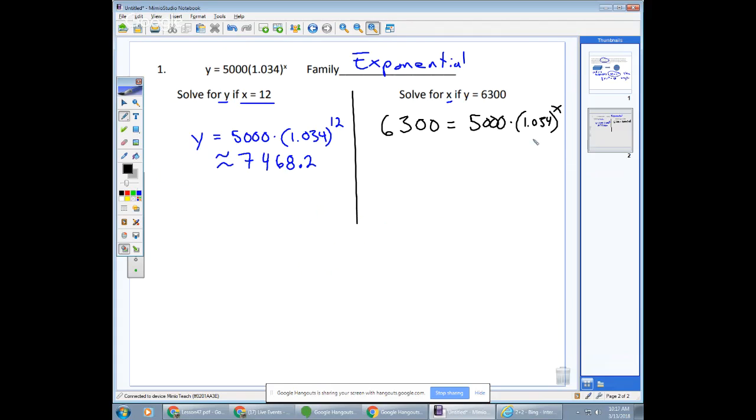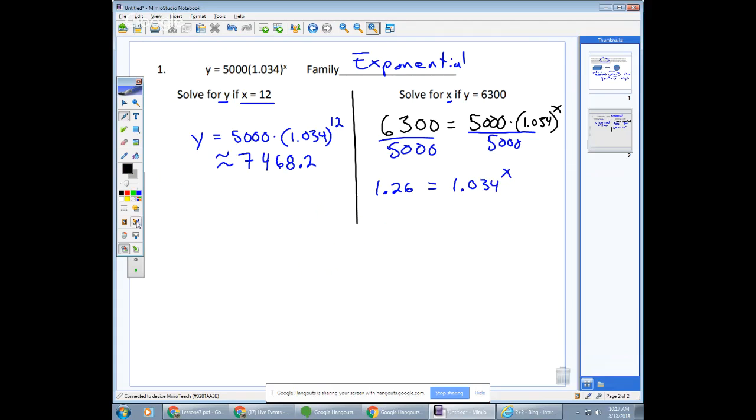We can't do a log until the base is all by itself. Yeah, so we got to get rid of the 5,000 first, then we can do the log. So I got to divide by 5,000 so I can get the base alone. 1.26, thank you.